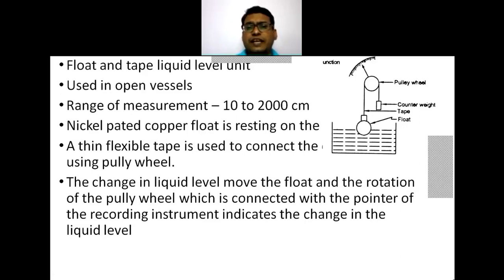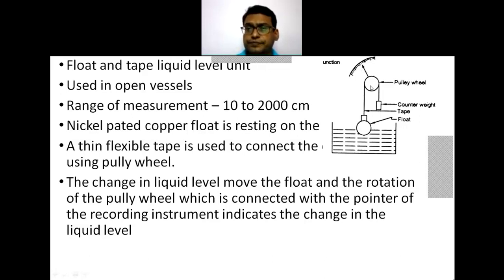Then a thin flexible tape is connected using the pulley over it. So a change in the liquid level moves the float, and the rotation of the pulley wheel, which is connected to the pointer of the recording instrument, indicates the changes in the liquid level.